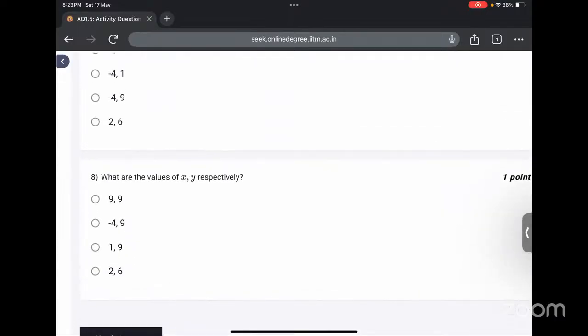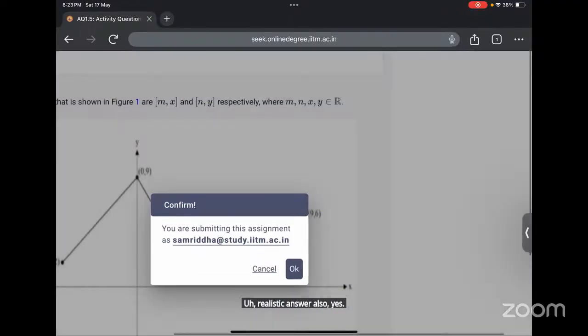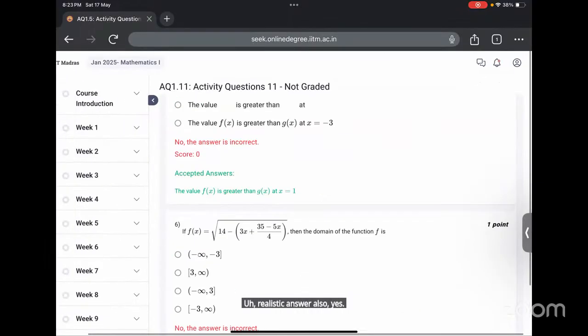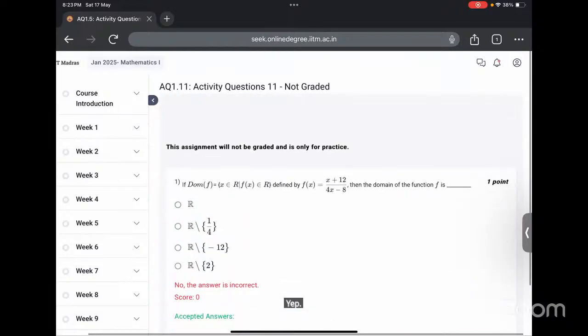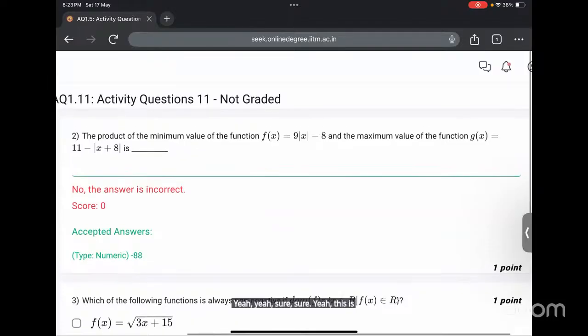Can you check the answer also? Yes. Ma'am, can we just see that question again, if you don't mind? Yeah, sure. This is the question and the answer is also there.